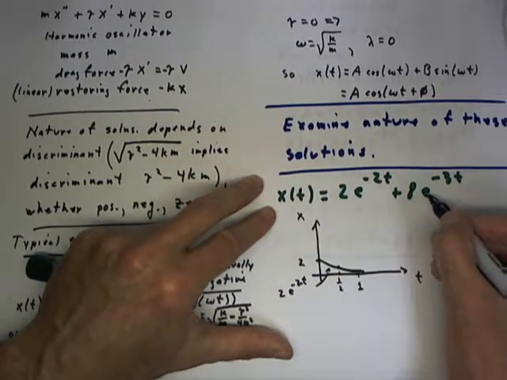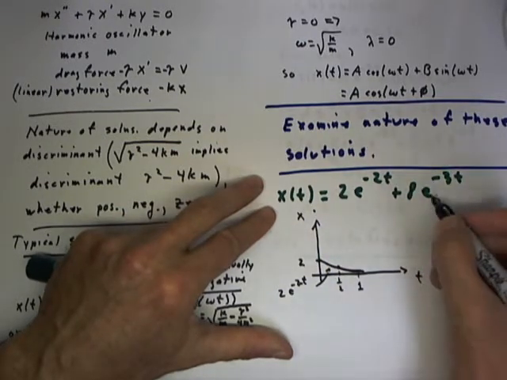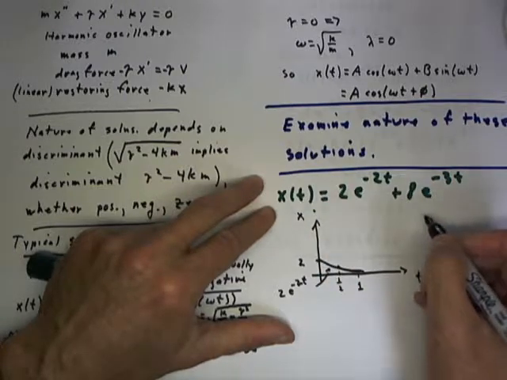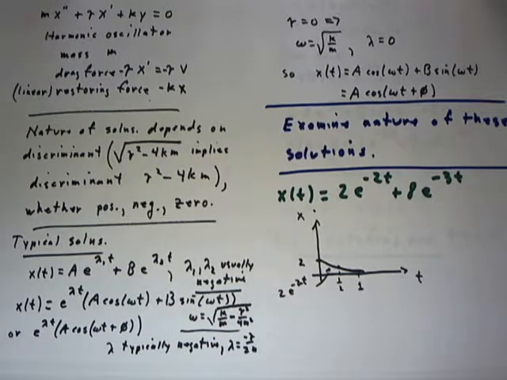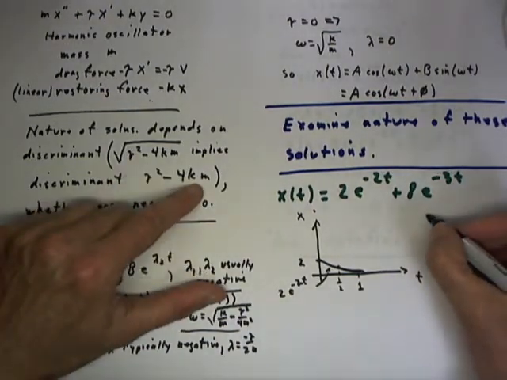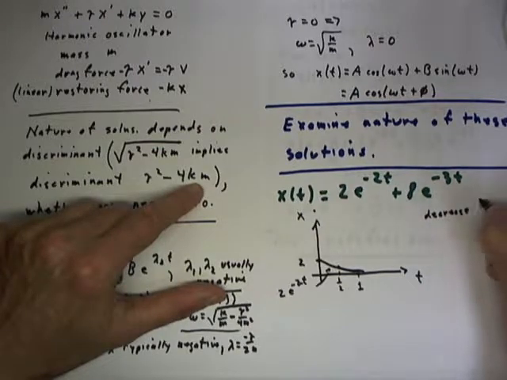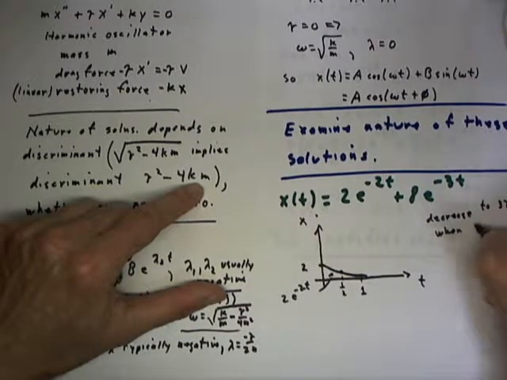What about a graph of 8e to the negative 3t? Well, 8 is way up here, and when t equals 0, of course, this function is equal to 8. But this function will decrease to about 37% when 3t changes by 1.